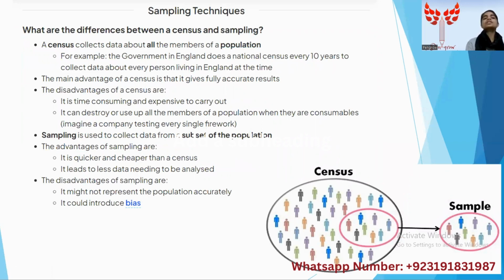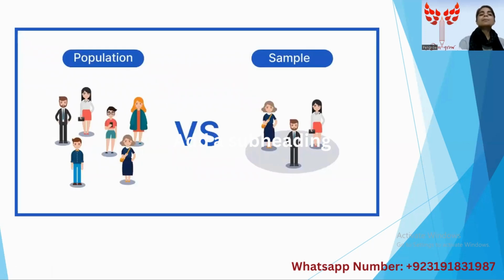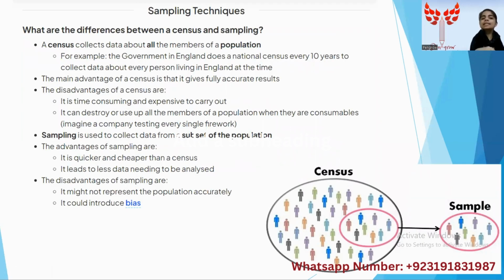Now, what is the difference between a census and a sample, right? Let's look at that. We just talked about the population parameter, right? When we are using all the units of the population, that actually describes the characteristics of the population. Basically, a census is when you are testing all the members of the population, all the bulbs, all the students in the UK.